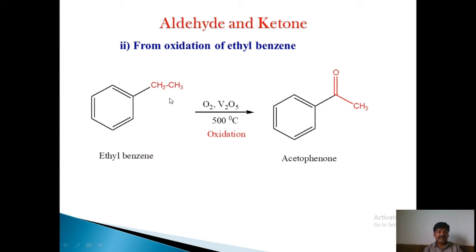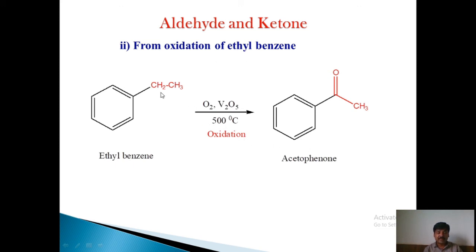This is your ethylbenzene. When ethylbenzene is oxidized with oxygen or air in the presence of vanadium pentoxide as the oxidizing agent at 500 degrees Celsius, it produces our target compound, that is acetophenone. This is your second method for the preparation of acetophenone.